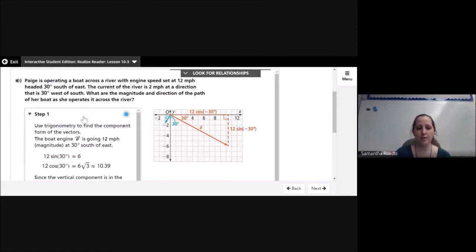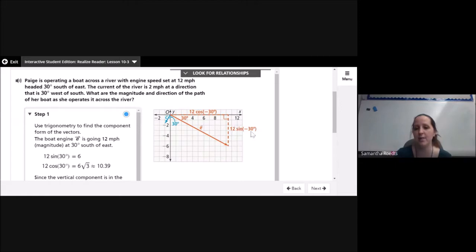So, step 1. Use trigonometry to find the component form of the vectors. So the boat engine, vector E, is going 12 miles per hour, magnitude at 30 degrees south of east. So here's my southeast. 12 cosine 30 degrees, because here's my 30 degrees.